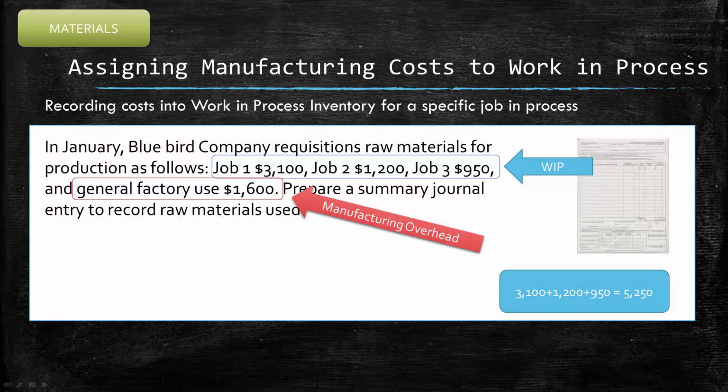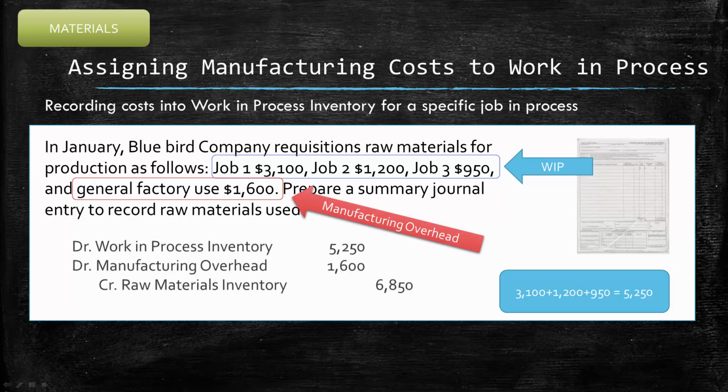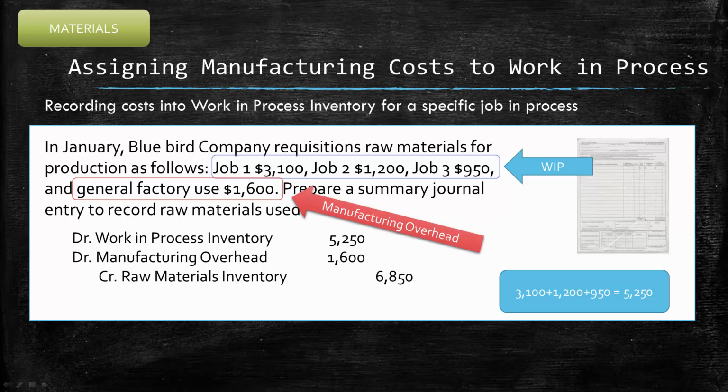Those are materials that were used, but we can't directly trace them to our products, so they become part of manufacturing overhead. And so our journal entry then is a debit to work in process inventory for the amount of the jobs, a debit to manufacturing overhead for the general factory use, and a credit to raw materials inventory for the total amount that was used.